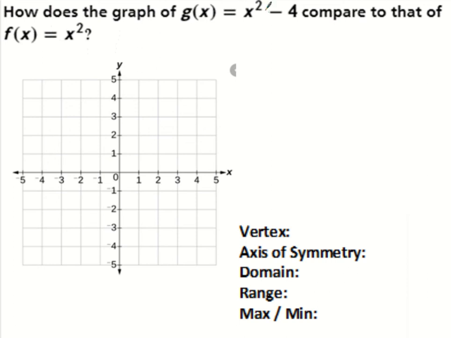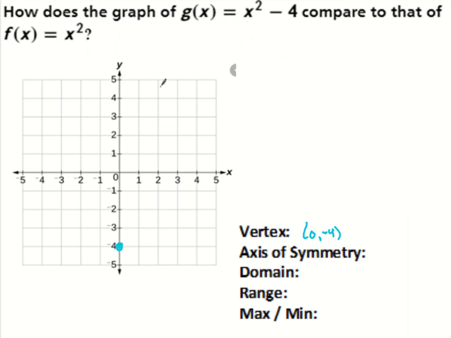I see no parentheses, so there's no horizontal shift. This is basically like x plus 0 squared. So my x value for my vertex is still 0 because it's not moving left and right. The minus 4 gives me the y value of negative 4 for my vertex. So that's where this particular graph is starting.